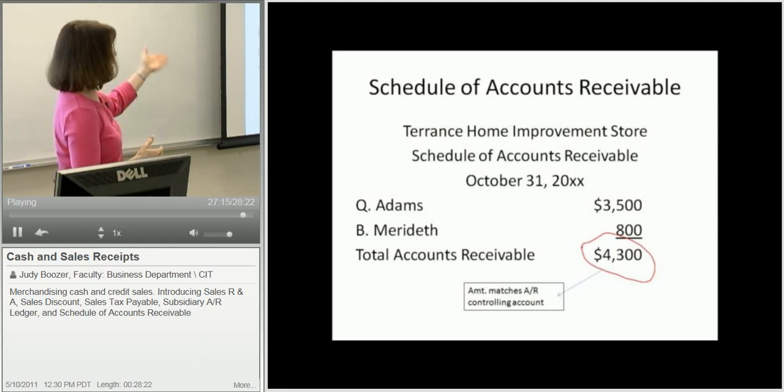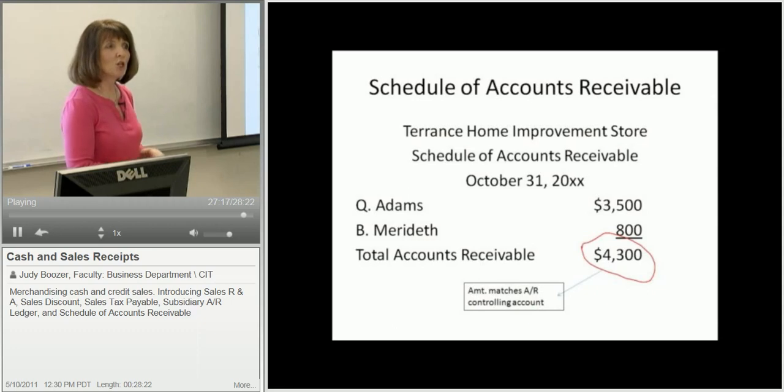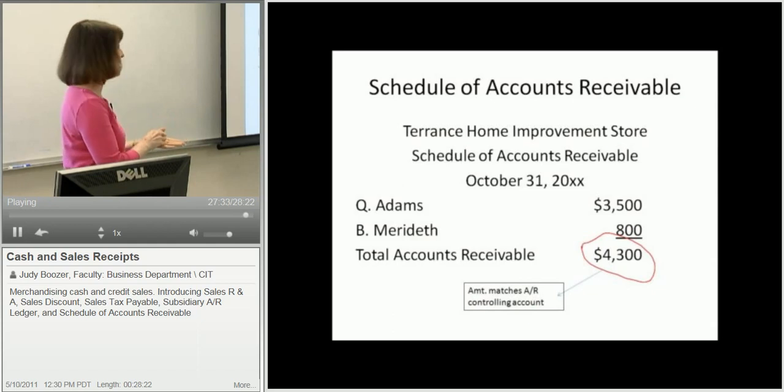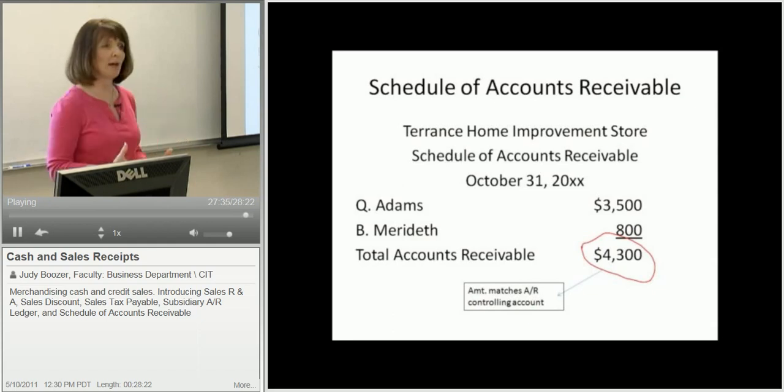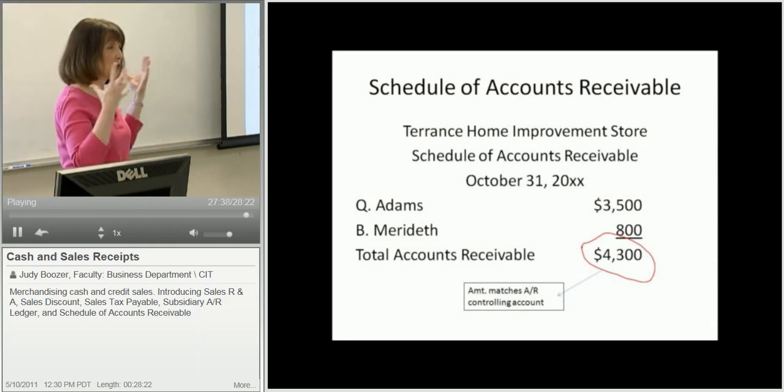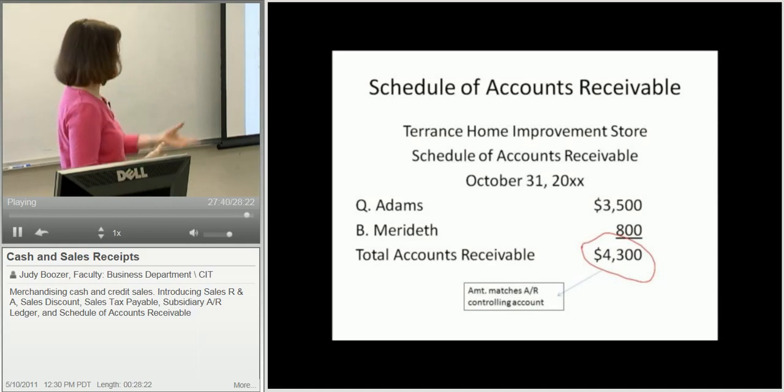And then you're going to list, and I'm going to repeat this, you're going to list those customers with balances only. If a customer doesn't have a balance, meaning they owe you nothing, you do not have to list them on this schedule. So you're going to go through your subsidiary ledger and list all the customers with balances, and you're going to total it up. That's all you do for the schedule, is just total up the balances.